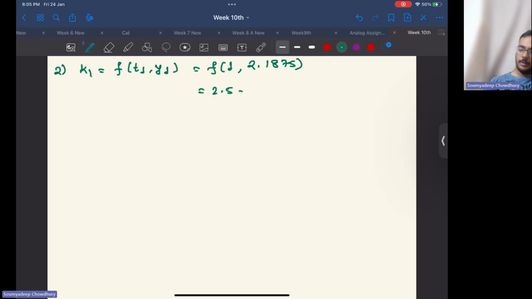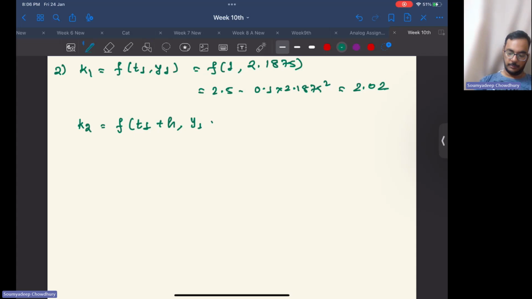So this will be 2.5 minus 0.1 into 2.1875, so this is 2.02, and k2 is f of t1 plus h comma y1 plus h times k1.